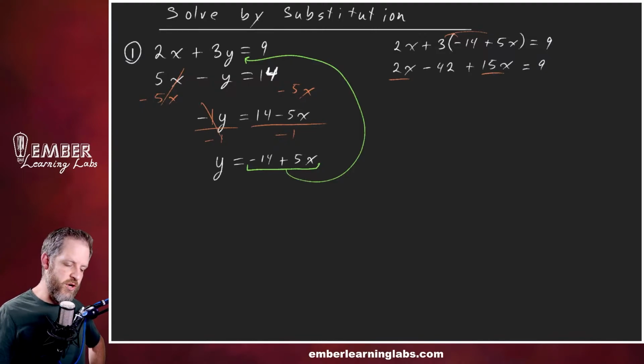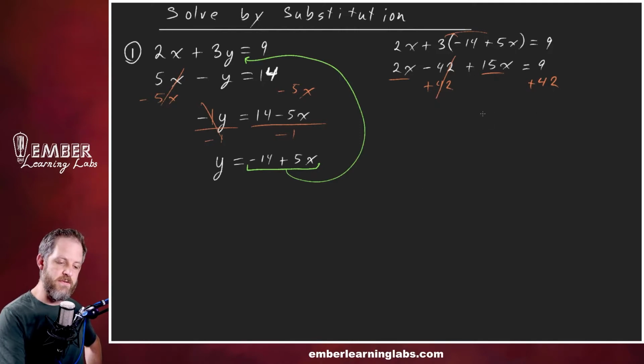So now we're going to combine like terms real quick. We end up with 2x plus 15x. We can also go ahead and add 42 to both sides as long as we're keeping it nice and neat and organized. Using our different color helps. Not a requirement, but a recommendation. Those cancel, right?